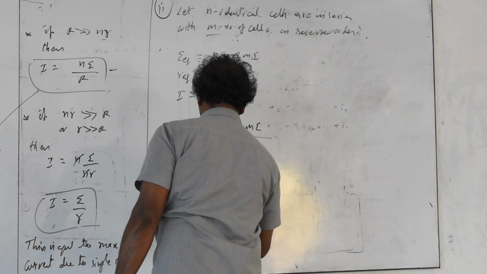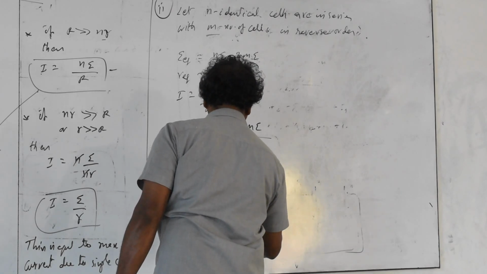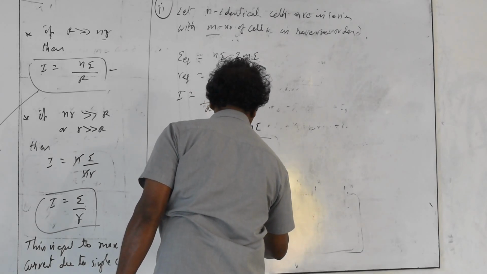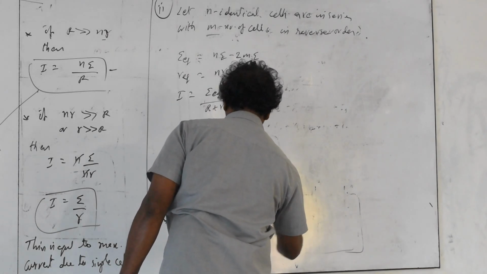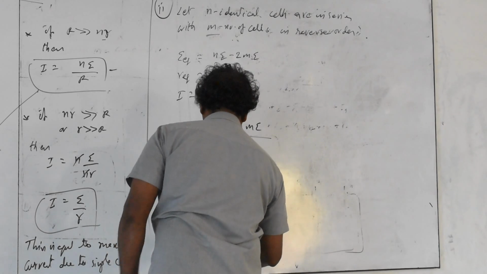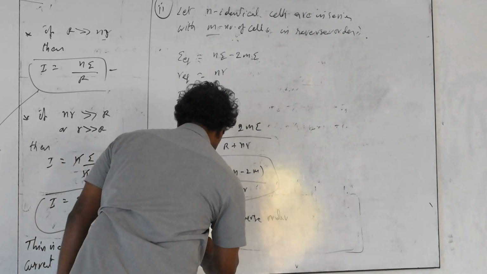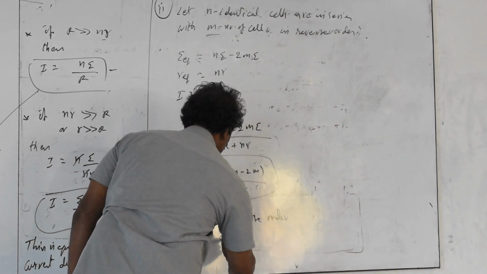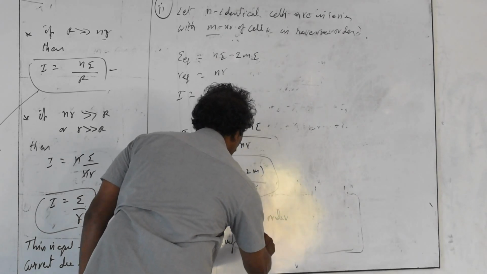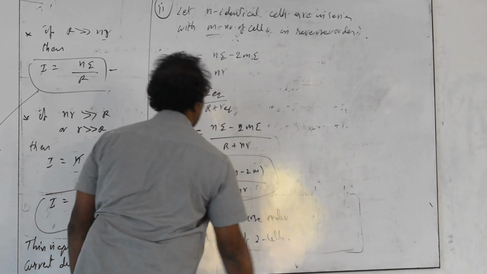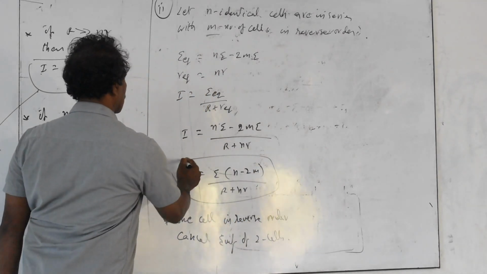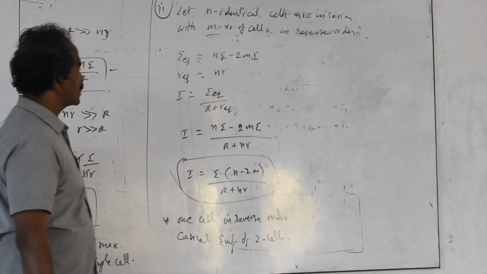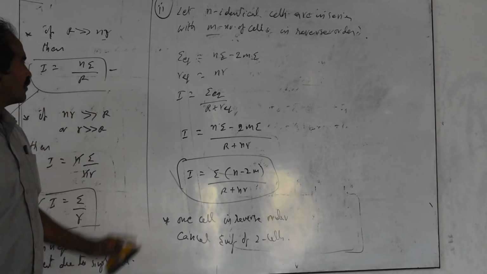One cell in reverse cancels EMF of 2 cells. EMF of 2 cells. This is a condition.